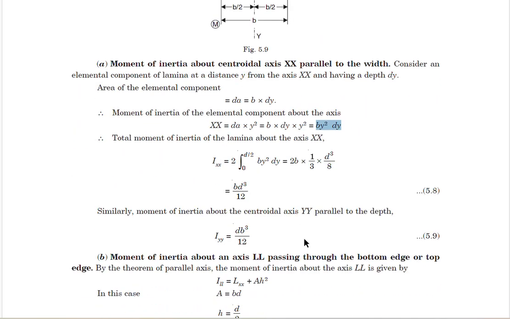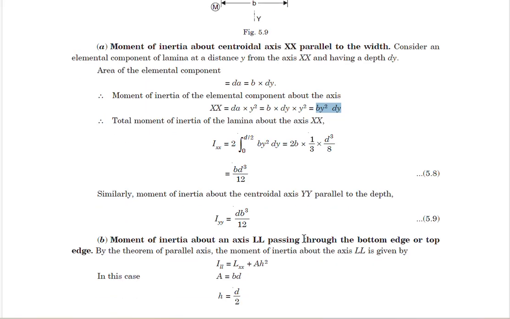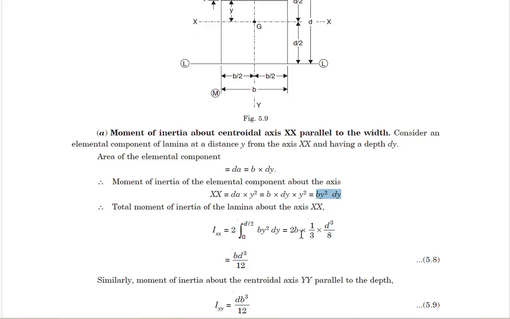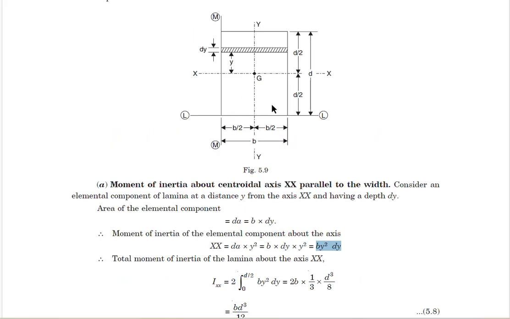Okay, so there is another corollary of this discussion. Suppose you want to find the moment of inertia about axis LL. Here we will apply the theorem of parallel axis. We already know the moment of inertia of this figure about axis xx, which is passing through the center of gravity.